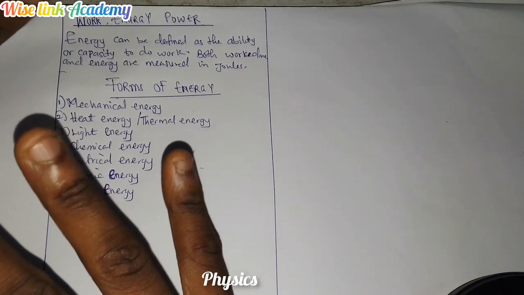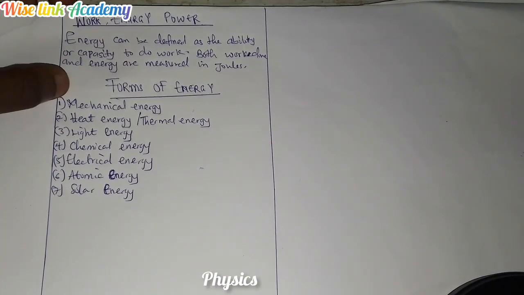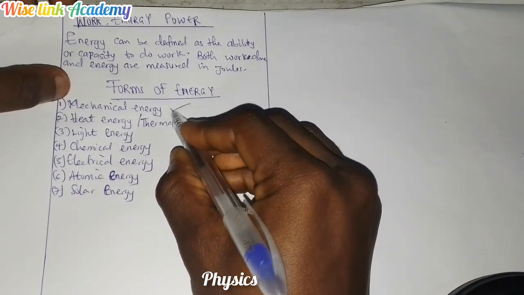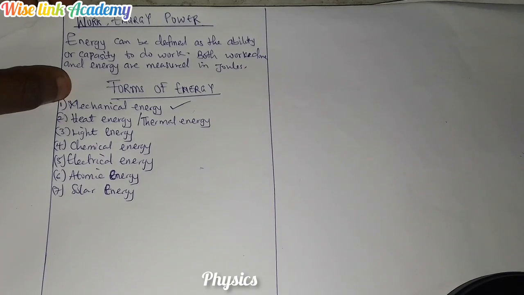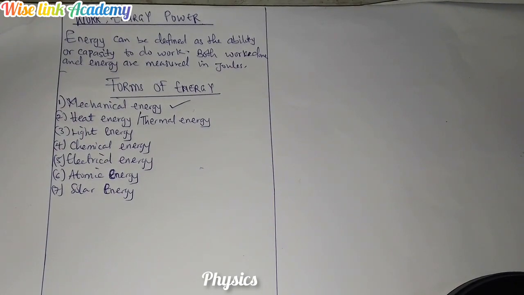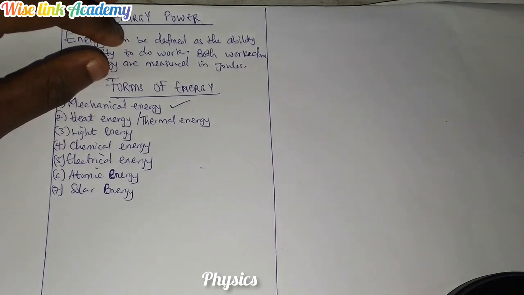But where I'm actually going today is mechanical energy. Number one, I'm going to treat this aspect, mechanical energy. Mechanical energy is subdivided into two. We have kinetic energy and potential energy. That is where we need to work. Let's proceed.